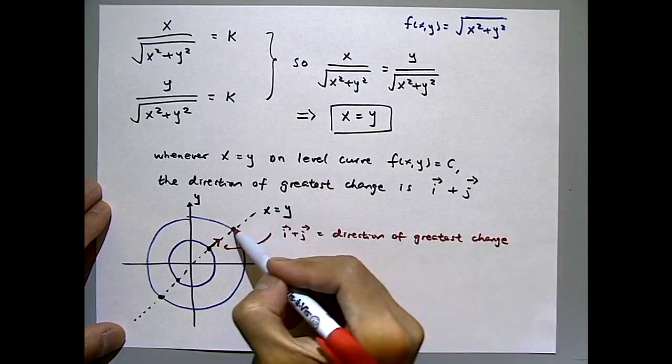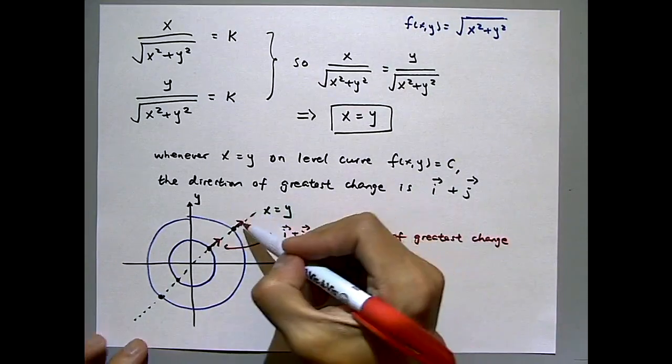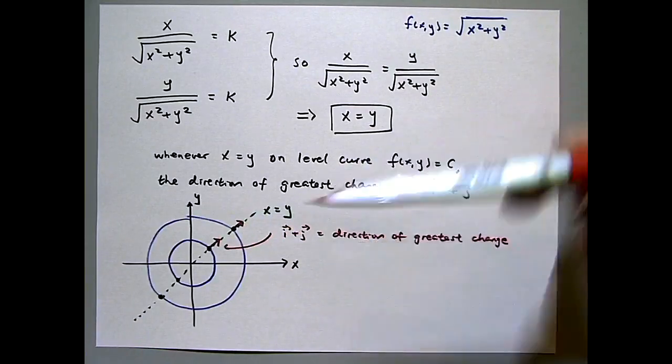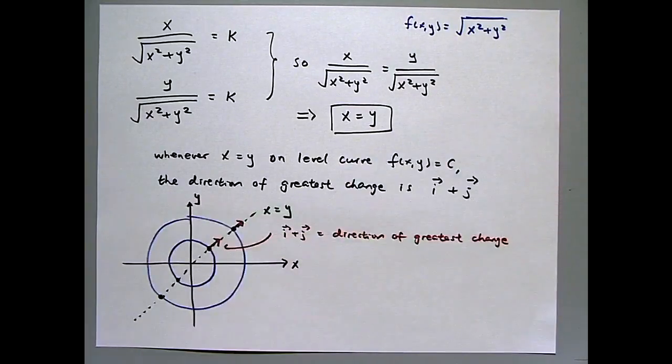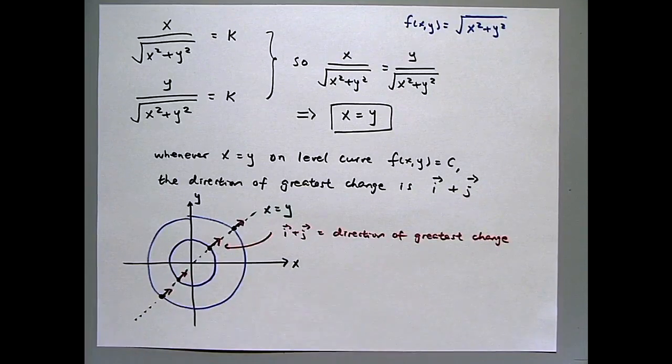So if you're standing here and you want the maximum change of the height, essentially, coming out of the page, you want to go in that direction. So this is always the direction you want to go to get a maximum change.